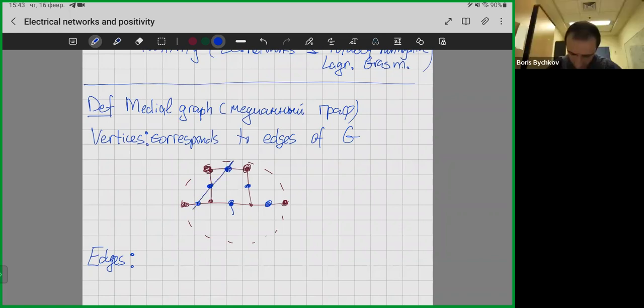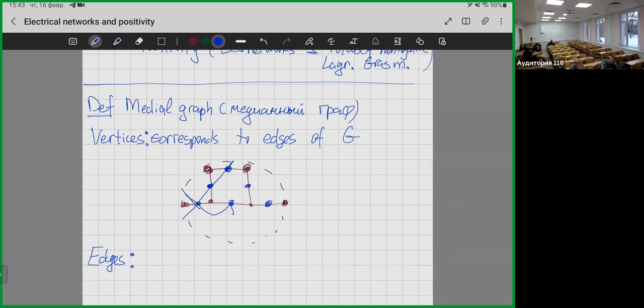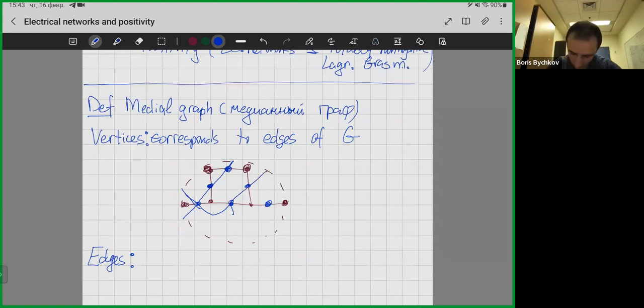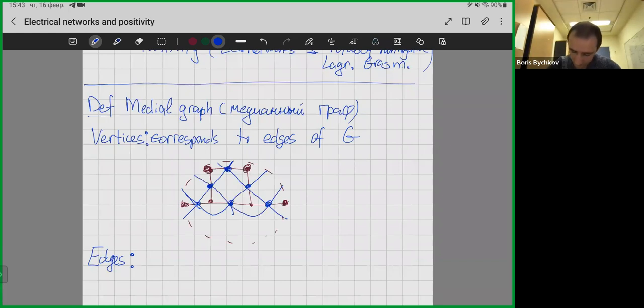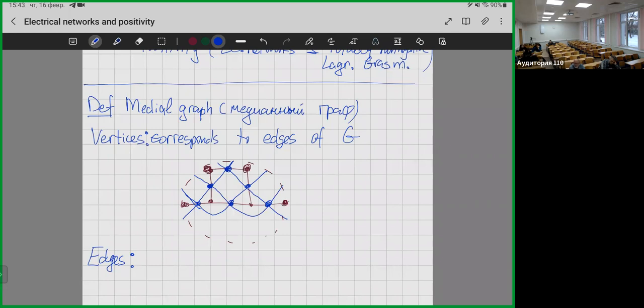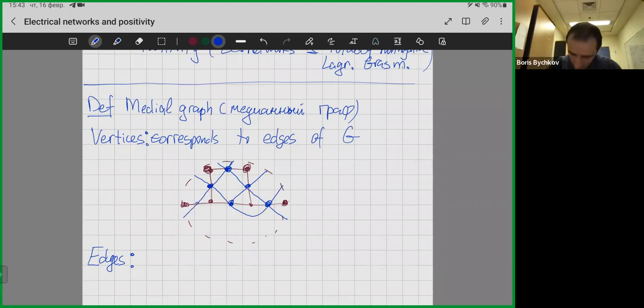So thank you. And in each, edges again, two blue vertices connect if they have a common vertex, and also in each blue vertex we should go straight.